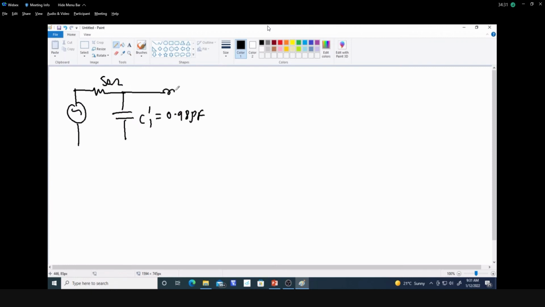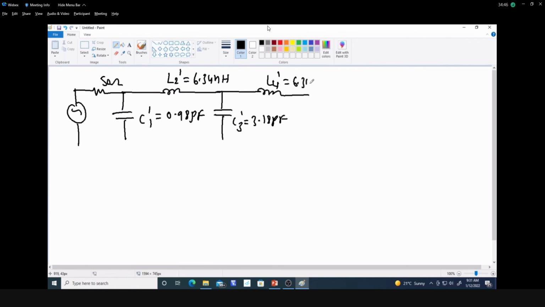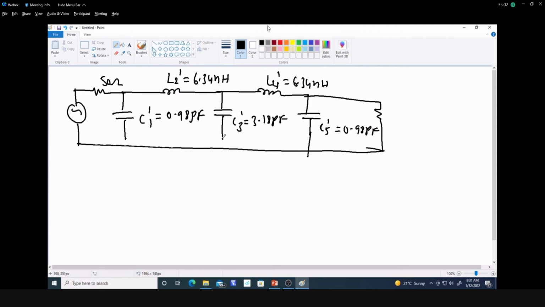Similarly we have L2 dash equal to 6.34 nanohenry, C3 dash equal to 3.18 picofarad, L4 dash equal to 6.34 nanohenry, and C5 dash equal to 0.98 picofarad, and finally we have the load.